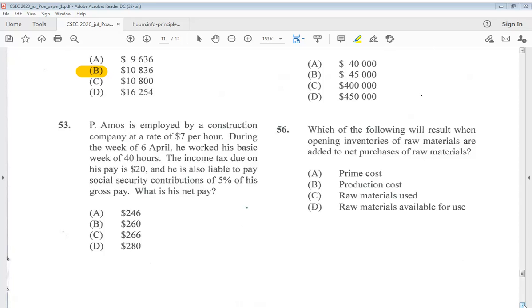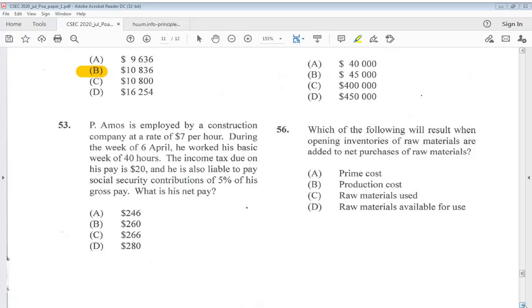The income tax due on his pay is $20, and he is also liable to pay Social Security contributions of 5% of his gross pay. What is his net pay? Is it A, $246, B, $260, C, $266, or D, $280? So, what do we do?